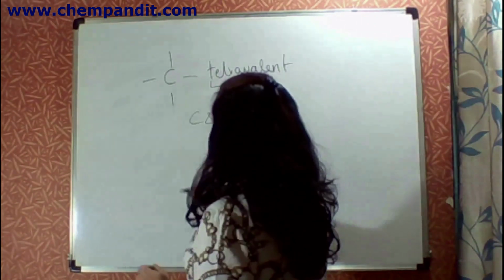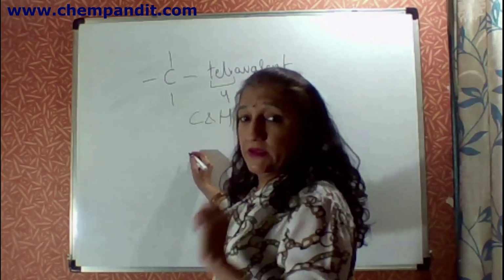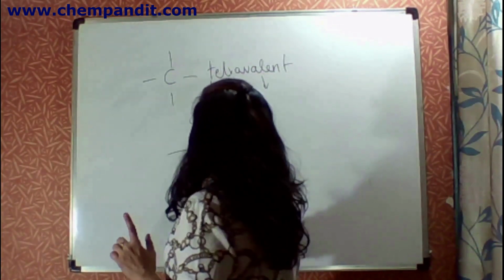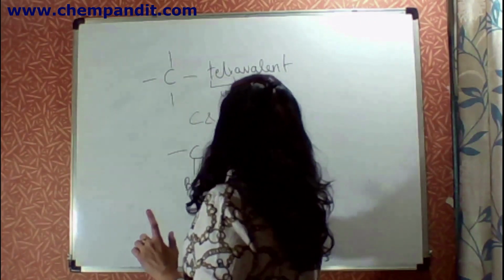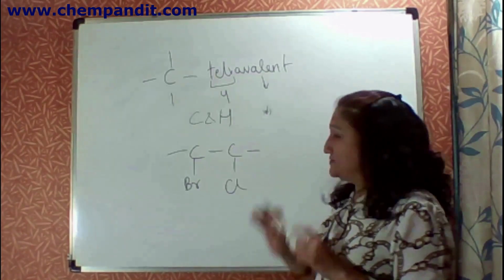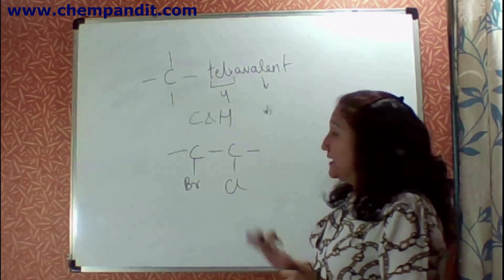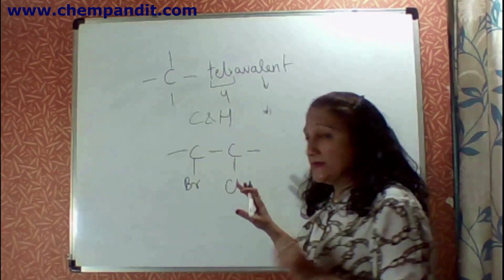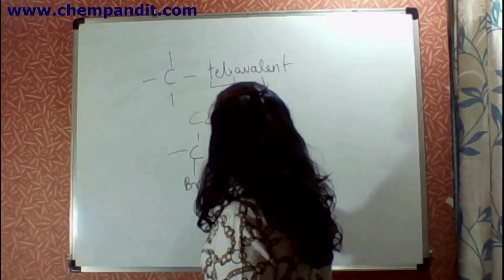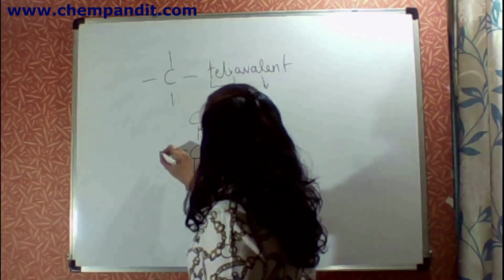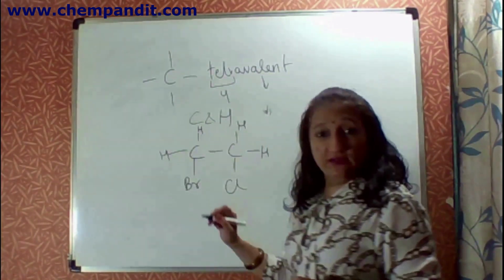So always remember, the first thing to be remembered is, suppose this is a compound. Suppose we have a bromine here. Suppose we have a chlorine here. I'm just giving you an example, just to know this much about this compound. So always remember, all the other valencies are always satisfied with hydrogen. Are you getting the point?